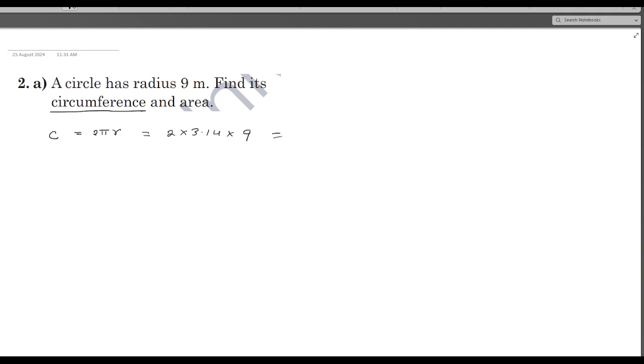Let me check if this exercise is without using calculator. Yes, it is without using calculator. Only question number 1 is without using calculator. So for question number 2, here you can use calculator. So I can use the value of pi which is given in the calculator.